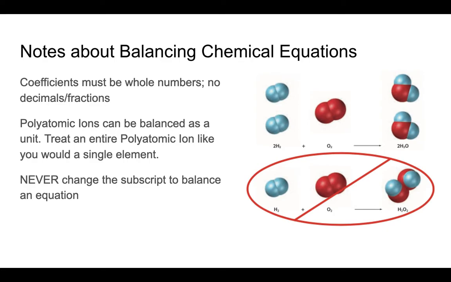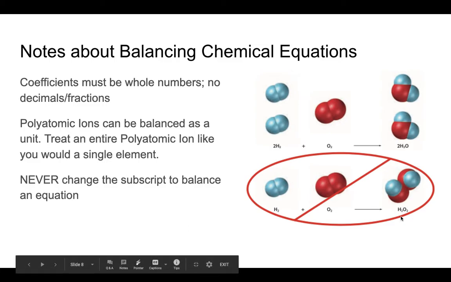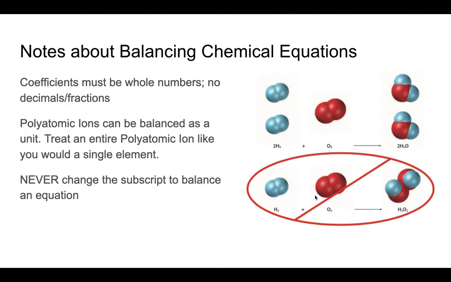easier. And finally, and the most important one, is you never change the subscript to balance out an equation. You never change the chemical formula to balance an equation, because that changes the entire reaction. We know that hydrogen gas and oxygen gas form water, but we can't change that water into dihydrogen dioxide to make it work for us.